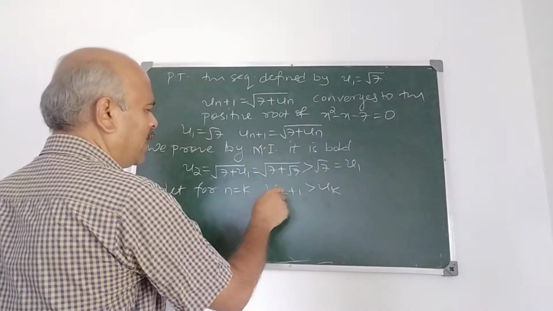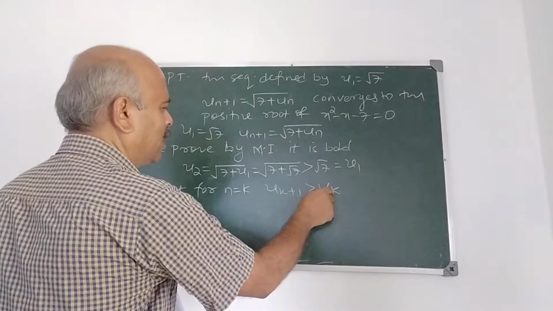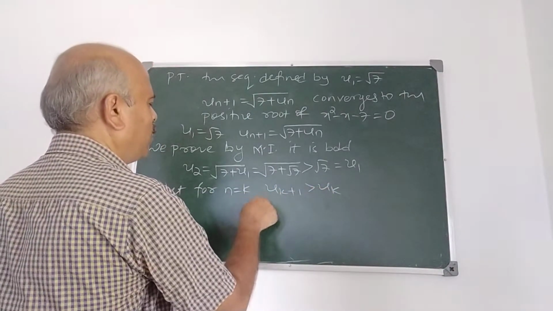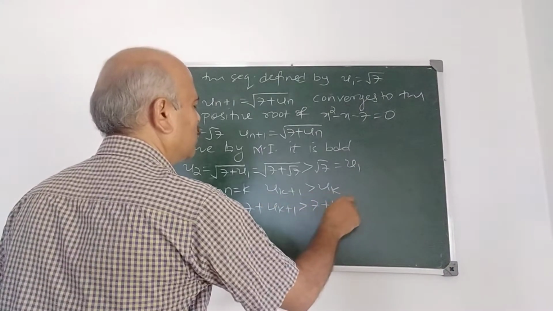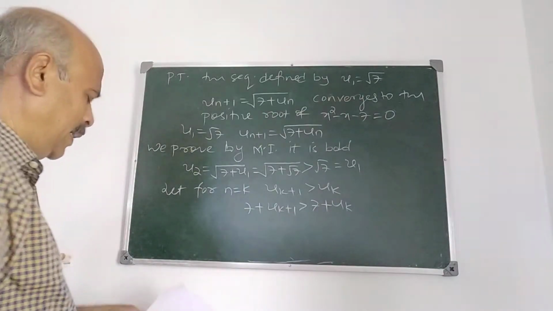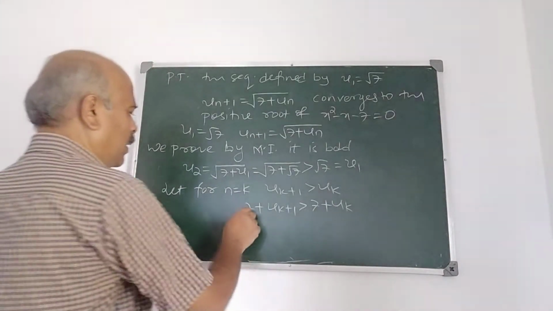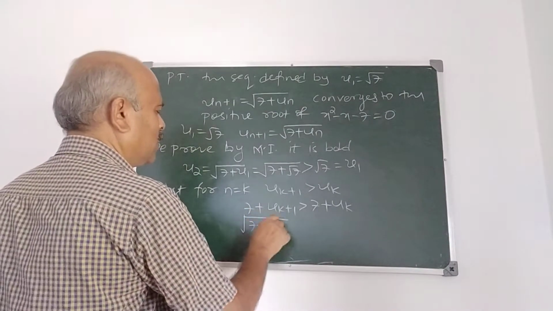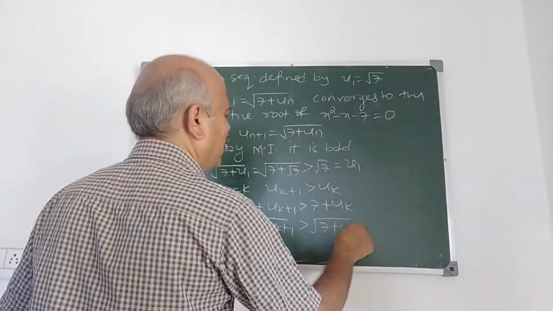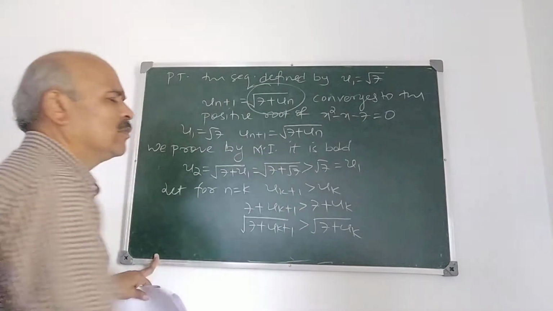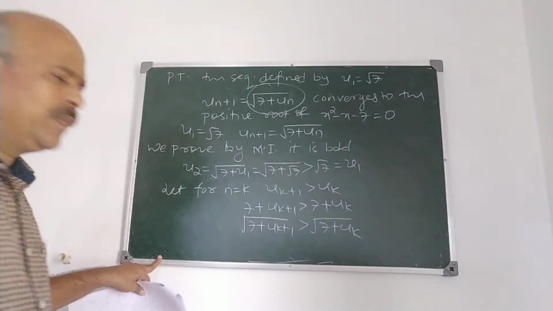For n is equal to k, let u_{k+1} is greater than u_k. Therefore 7 plus u_{k+1} is greater than 7 plus u_k. Added 7 both sides. Therefore square root of 7 plus u_{k+1} is greater than square root of 7 plus u_k. See, why we have added 7? It is given in terms of 7 plus u_n.